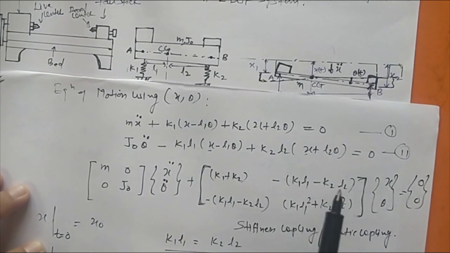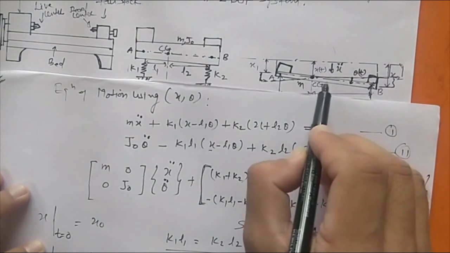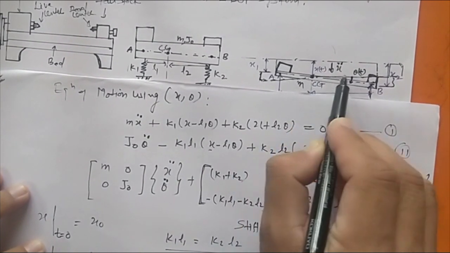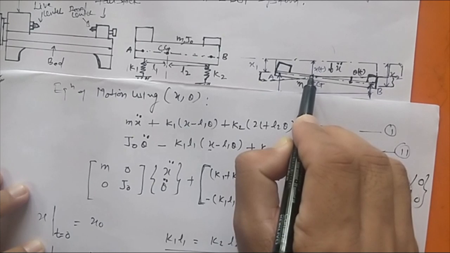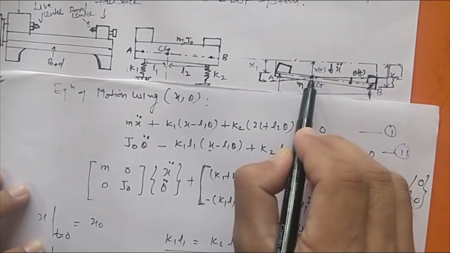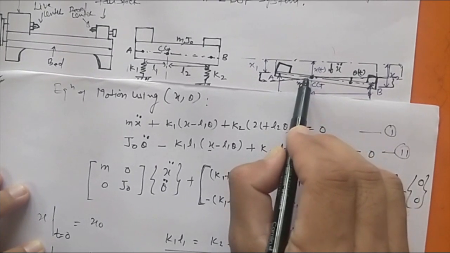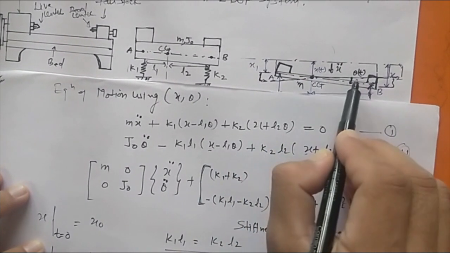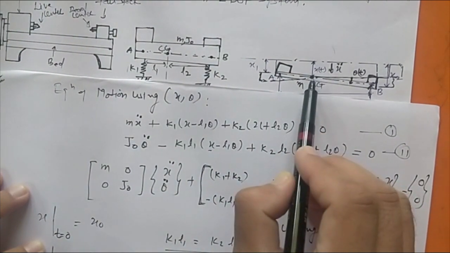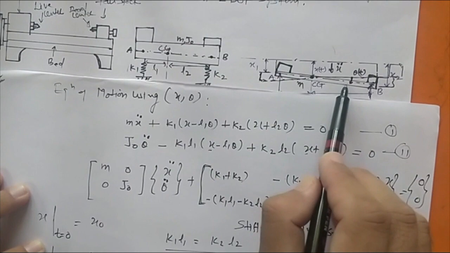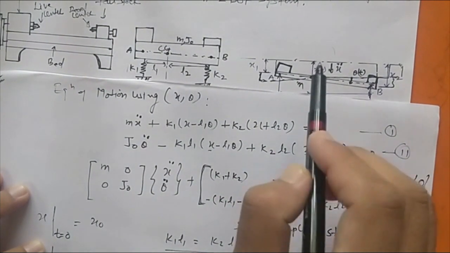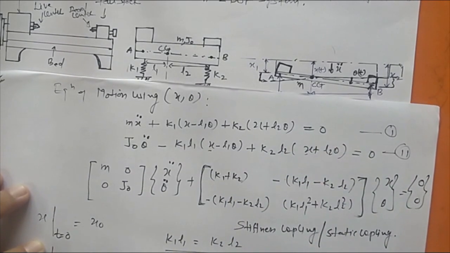And vice versa, if we provide the rotational displacement at t equal to 0 and do not provide any linear displacement x, then linear displacement x would also be created automatically because of the coupling between x and theta. If there is no coupling, then if we provide x there would be only x, and if we provide theta there would be only rotational motion. Linear motion will not take place if there is no coupling.